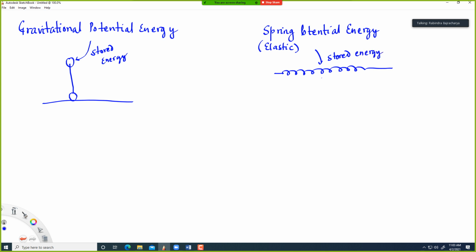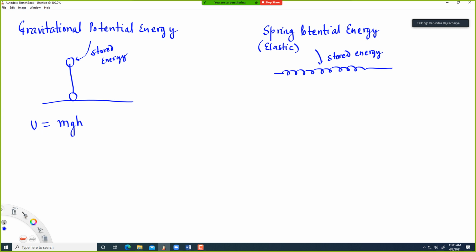The energy in this case is given by the formula mgh, because it depends on the height, how high you raise the object. So this gravitational potential energy is mass times acceleration due to gravity times h.